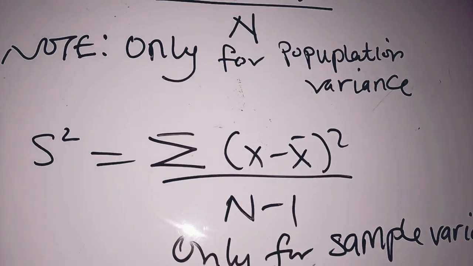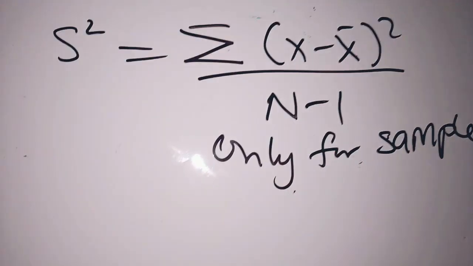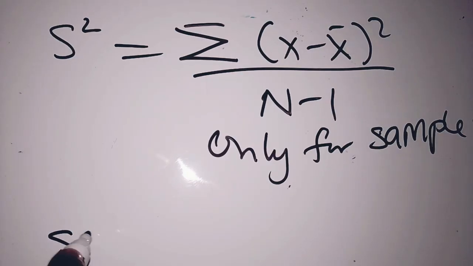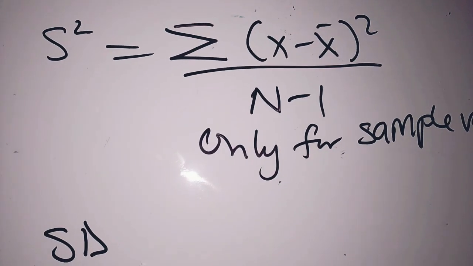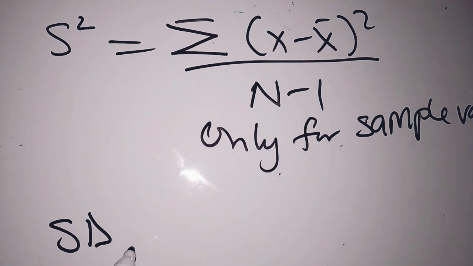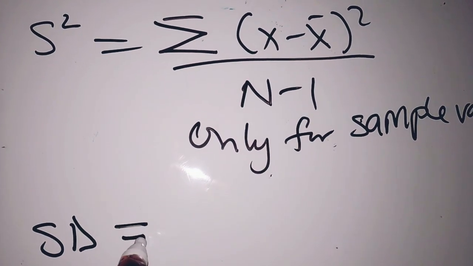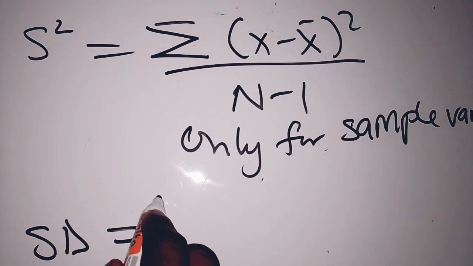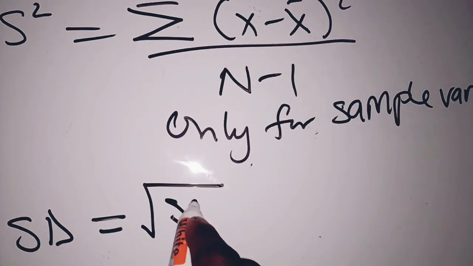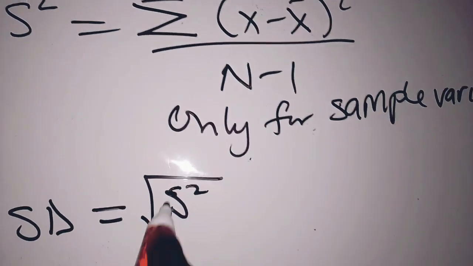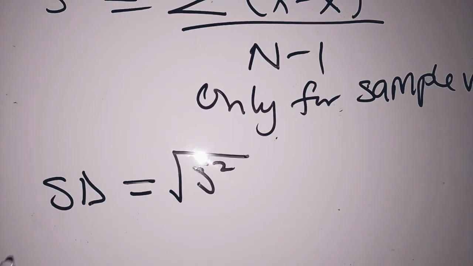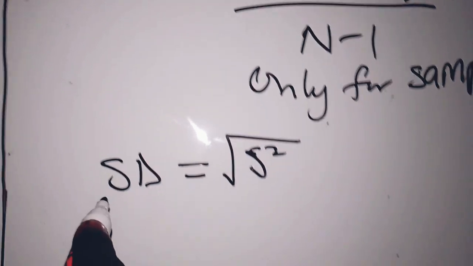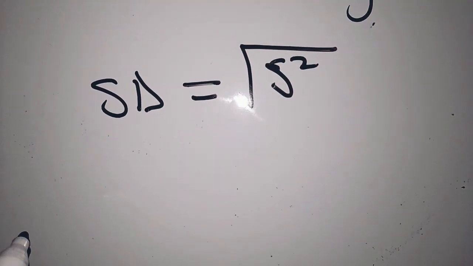And then standard deviation for ungrouped data. Once you find the variance, it will be simple because standard deviation is the square root of the variance. So if you find variance to be 4, square root of 4 is 2, that will be your standard deviation. Okay, this is the formula.